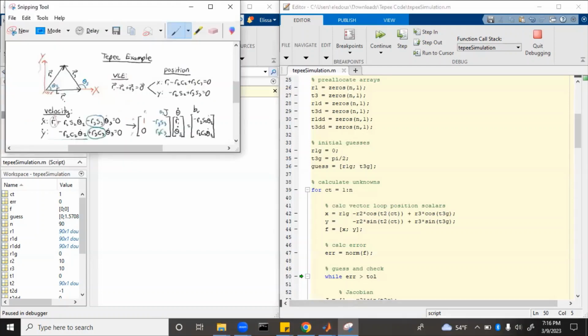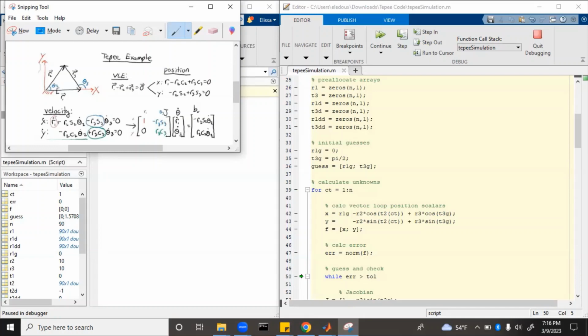Now, looking at the TP, it starts at 90 degrees when the TP is vertical, and then theta 3 is going to increase. So let's bias it a little bit to make sure that the TP opens towards the right side instead of towards the left side, because if it starts right up, MATLAB's not really going to know what to do.